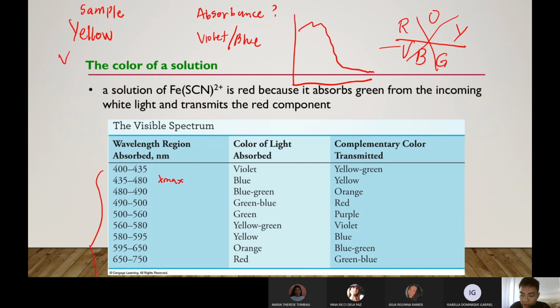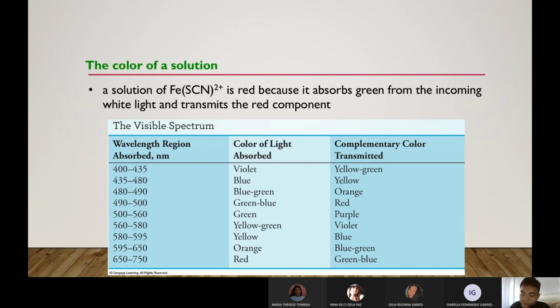Kunwari naman, paulit-ulit yung example na, kunwari, copper sulfate. This is color blue. Asan kaya lambda max niyan? So, color blue yung copper sulfate.